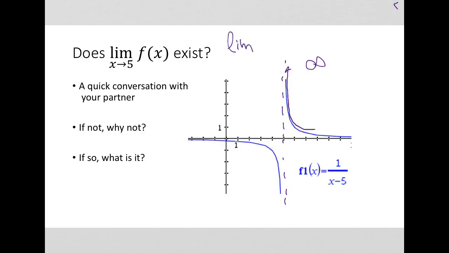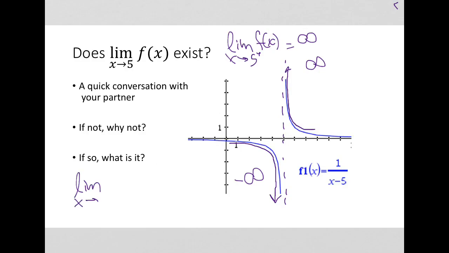So I can say that the limit of f of x as x goes to 5 from the right is infinity. Now if I look at my graph from the left, so from the left moving closer and closer to the right to that point, I am going off towards negative infinity. So I can say that the limit as x goes to 5 from the left of f of x is negative infinity. Notice they disagree, so our limit does not exist.